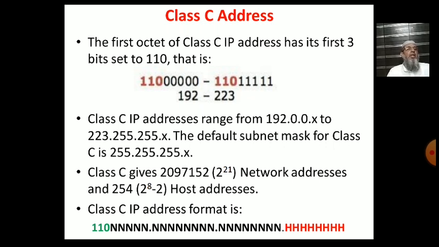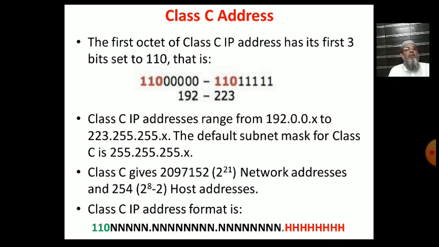So the IP address ranges from 192.0.0.x to 223.255.255.x. This is the maximum value. Again, .x will be 0 to 255.